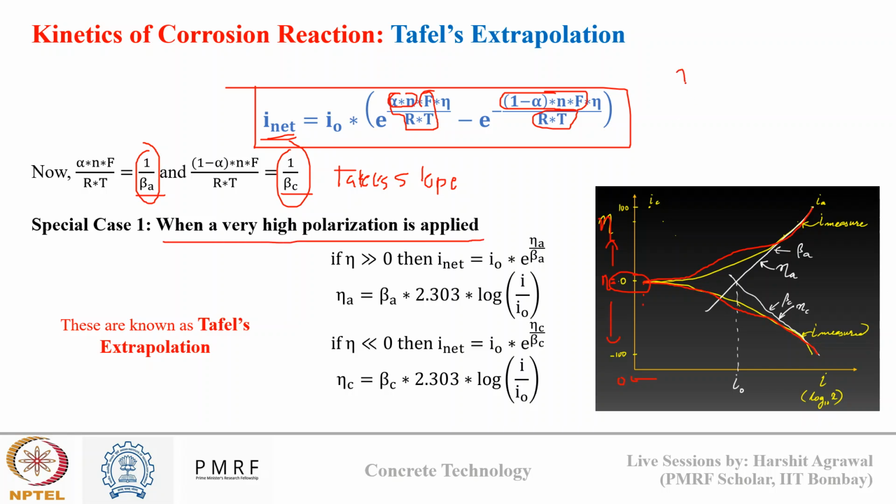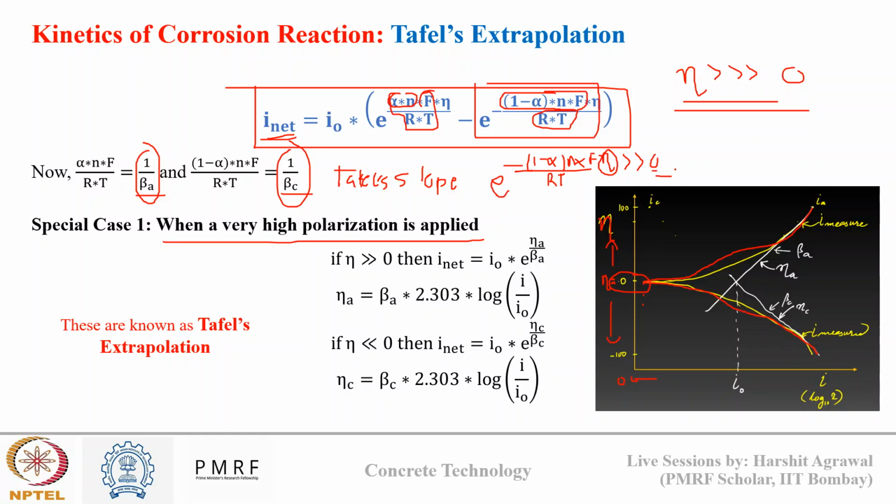If this eta value, our overpotential, is very much greater than zero, a very large overpotential, then the second term, e to the power minus (1 minus alpha) n F eta upon RT, if eta is very large in the positive direction, will tend towards e to the power minus infinity, and it will approach zero.